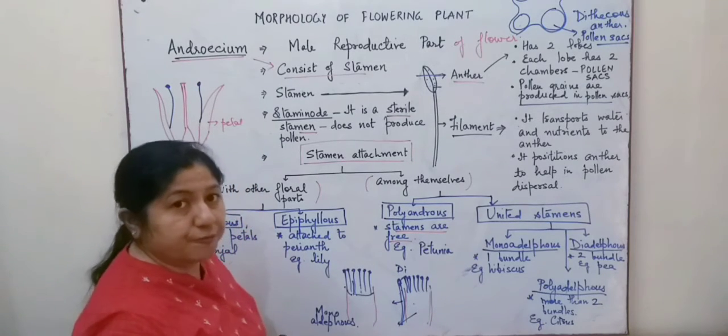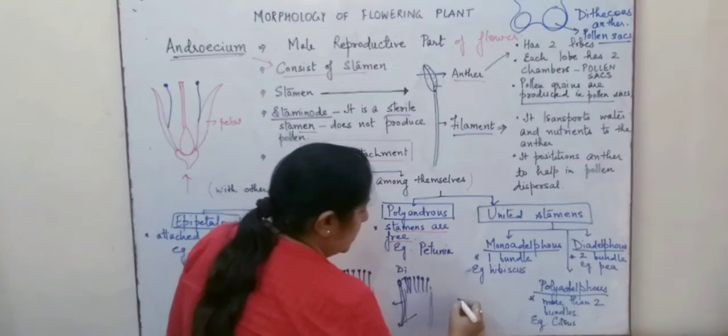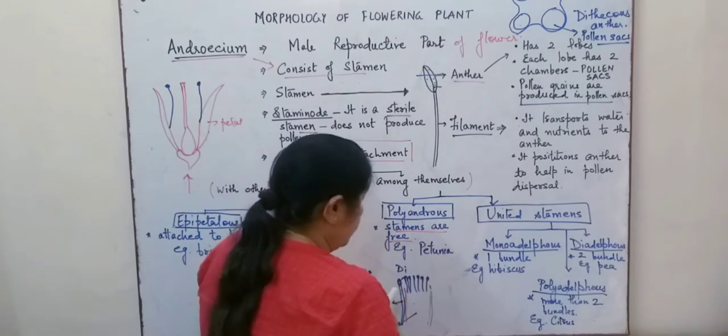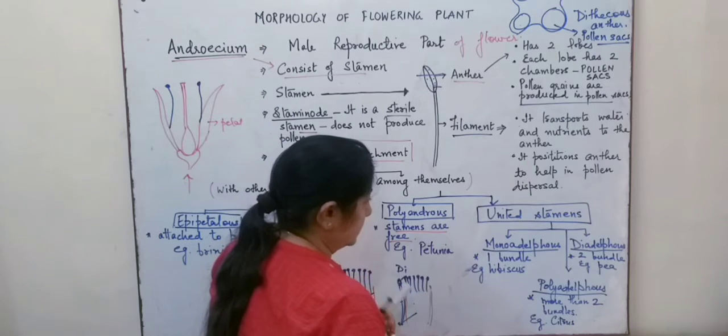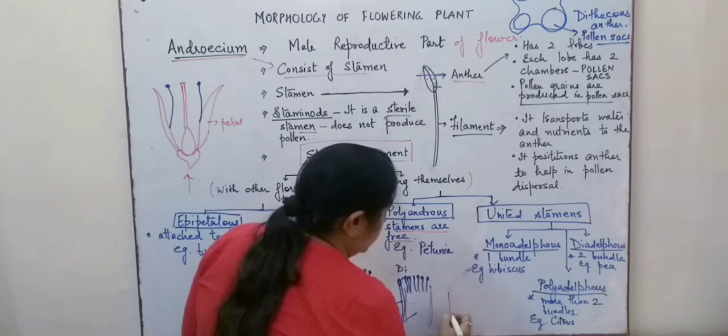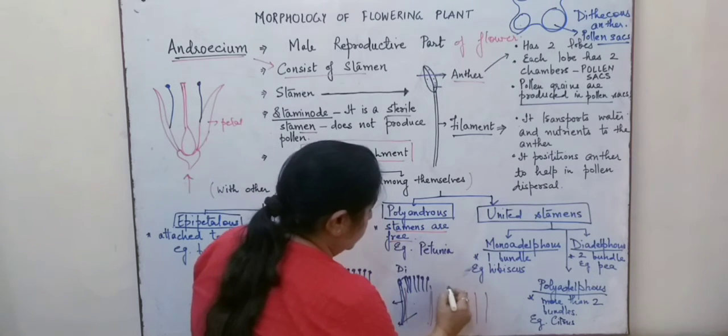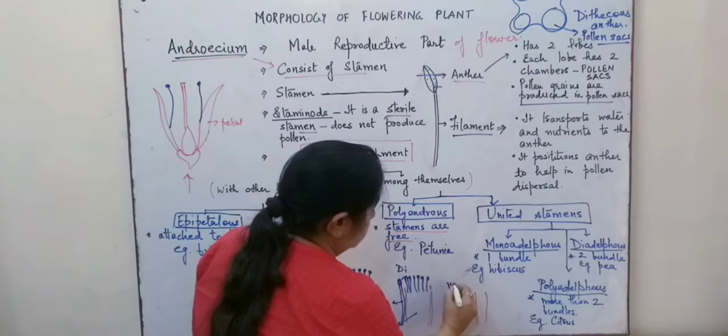In the case of the polyadelphous condition, the stamens may form many bundles, or they may be held together in many bundles. So we see over here these are the bundles and the blue are the stamens.